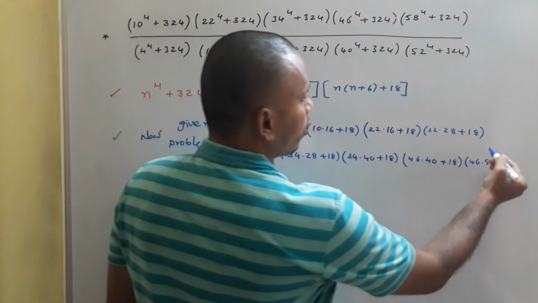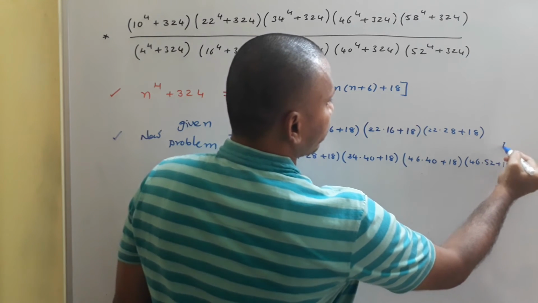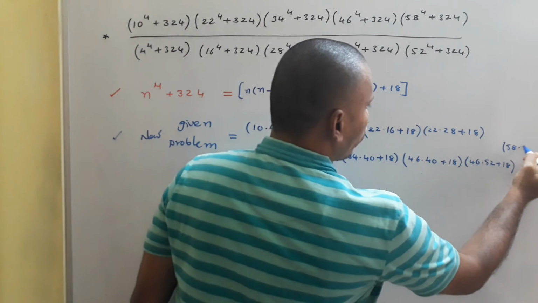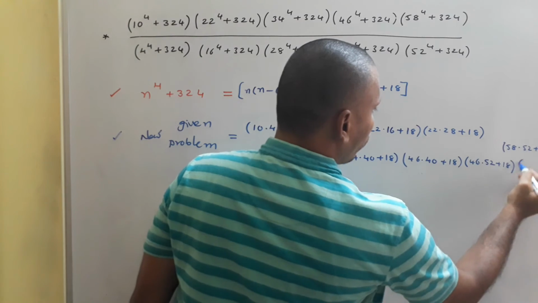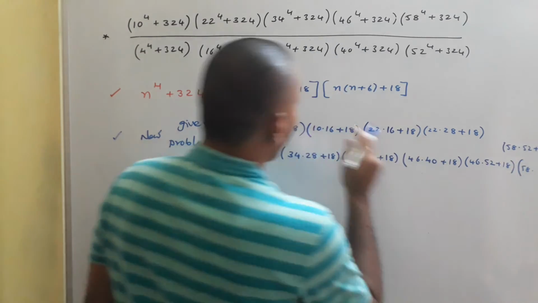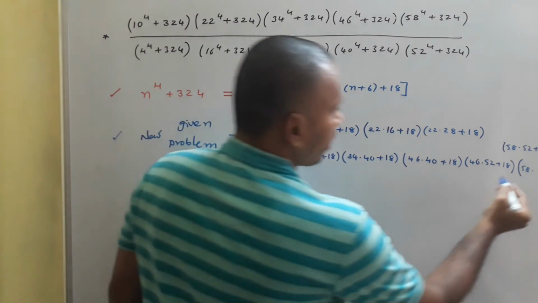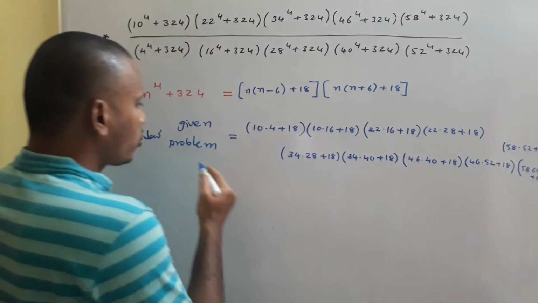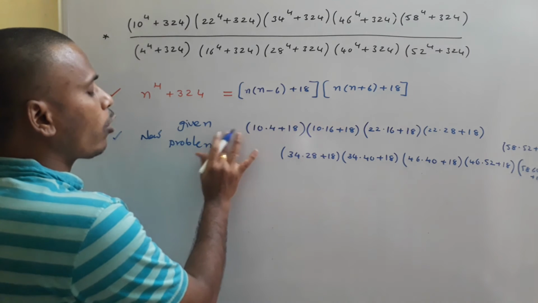How to mention all these two terms? 58 into 58 minus 6 is 52 plus 18 into 58 into 58 plus 6 is 64 plus 18. So this is the numerator of the given problem.